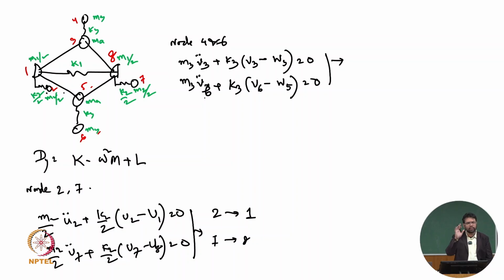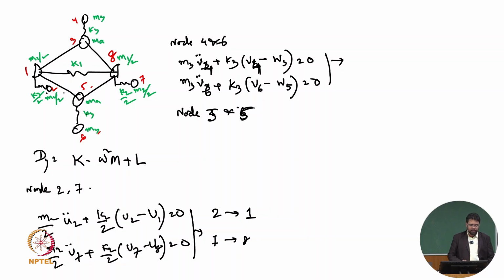What happened? v4, w5. Yeah, this will be 4, and then w3. Makes sense. Yes, you are right. So then in case of node 5 and 3, or 3 and 5.